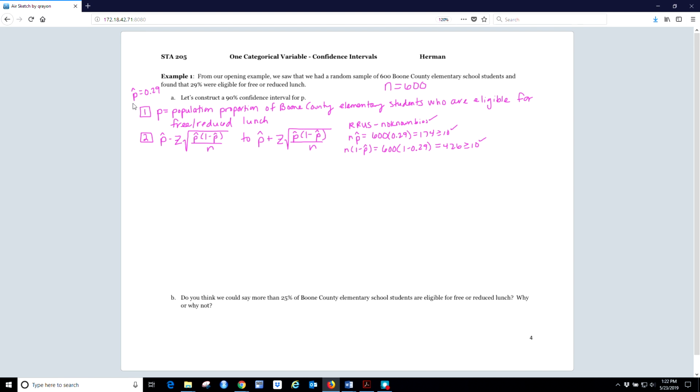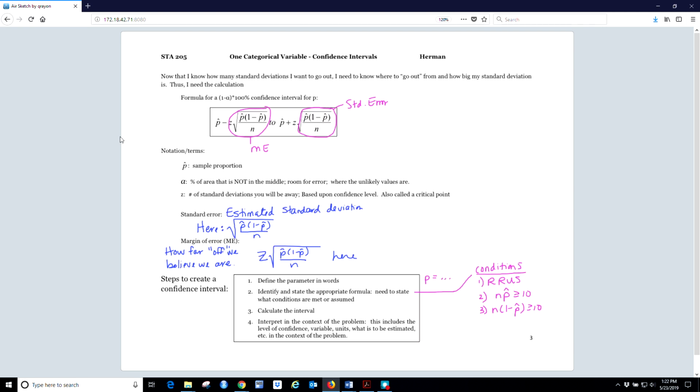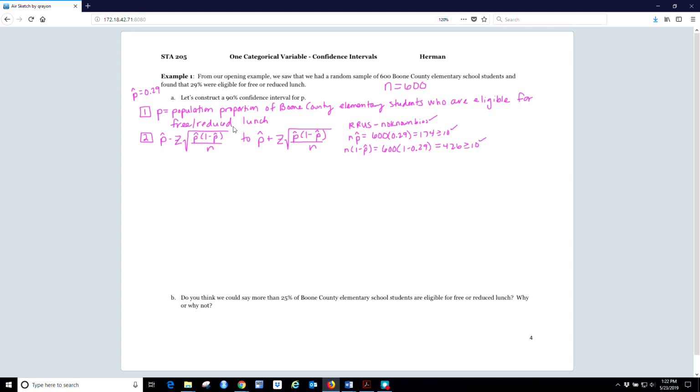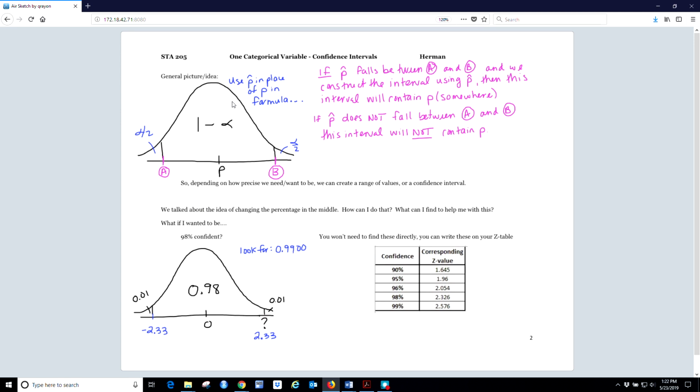Next, we're going to be doing the actual interval. So looking at our formula up here, I'm going to erase those things I have labeled on it so we can see it a little bit better. I already have my P hat as 0.29. I already have my N as 600. The only thing I need still is my Z. And that's finally where we're going to use this 90% confidence they gave us, which means we're going to use a Z of 1.645.